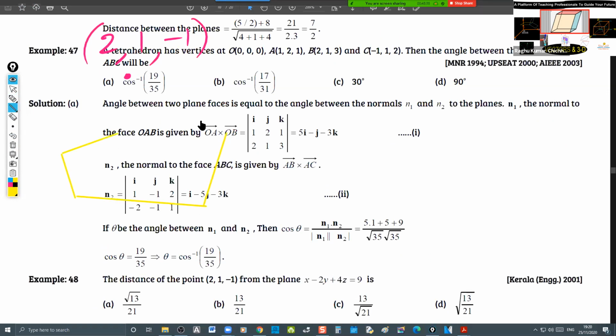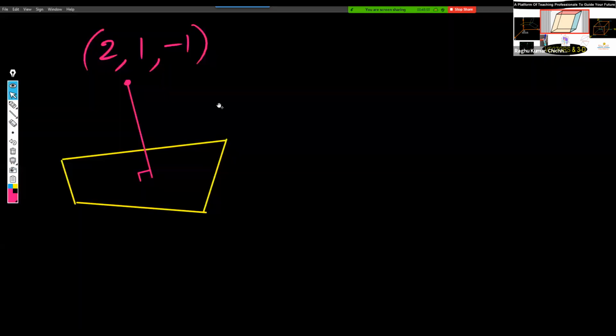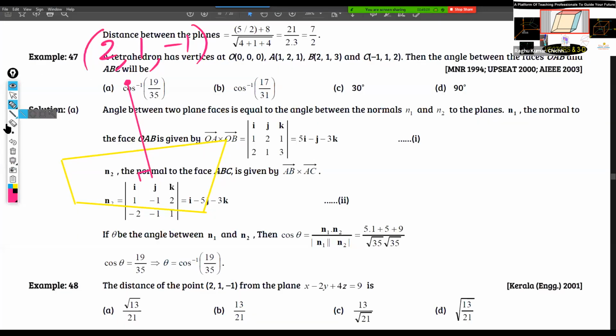And we need the perpendicular distance from that point to the plane. This is the perpendicular. You have to find the perpendicular distance from that point to the plane. Let me write the equation of the plane also: x minus 2y plus 4z.